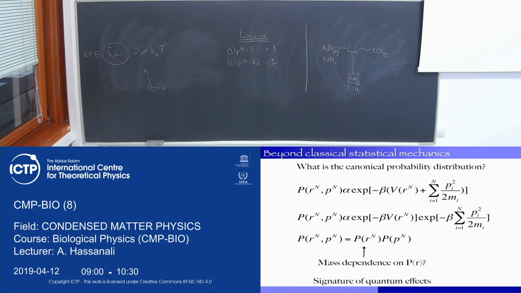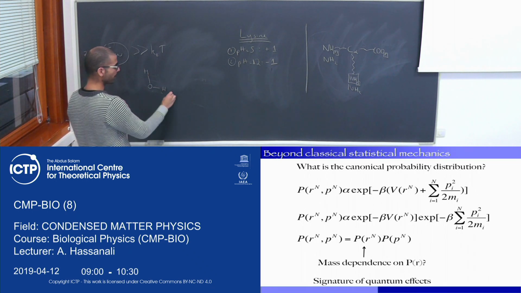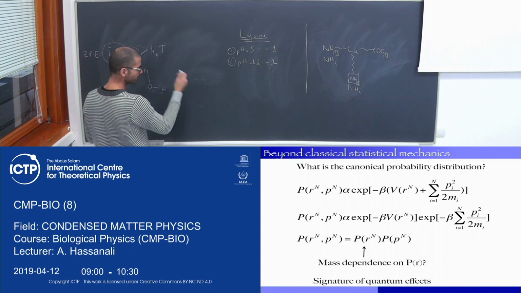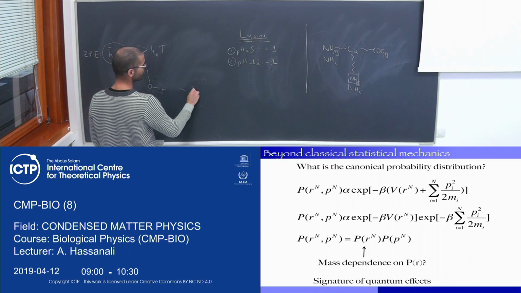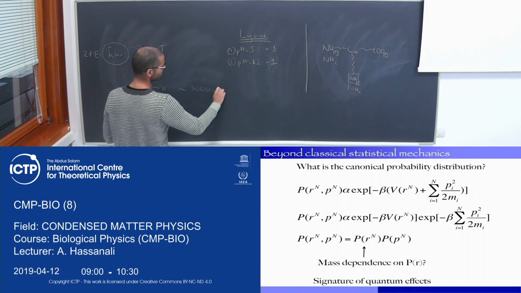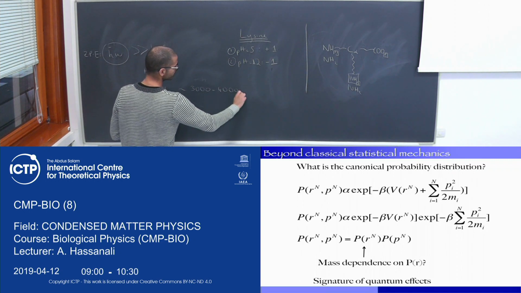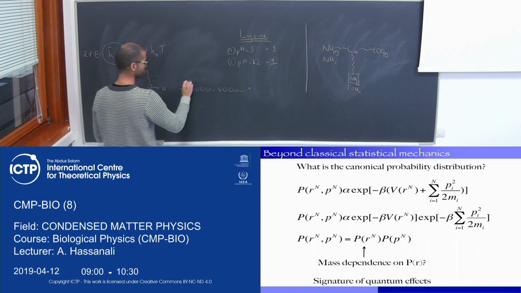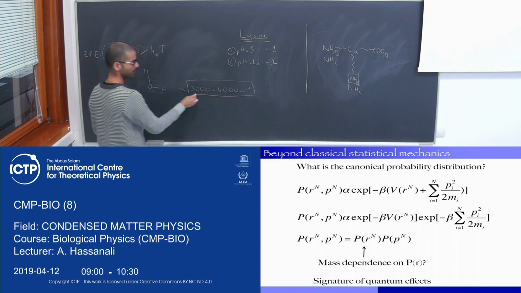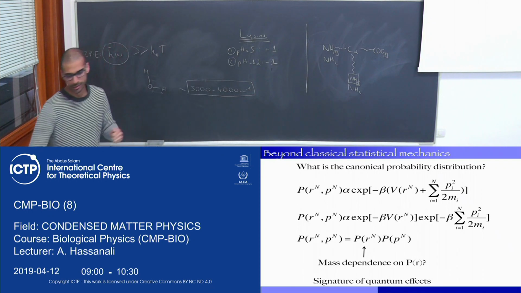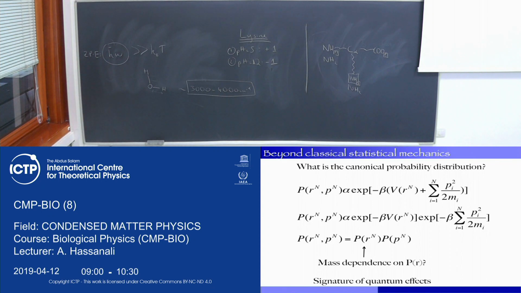Okay, and so the vibrations of the OH covalent bond are roughly between 3,000 to 4,000 wave numbers. Okay, this is the unit of energy that people use in spectroscopy.